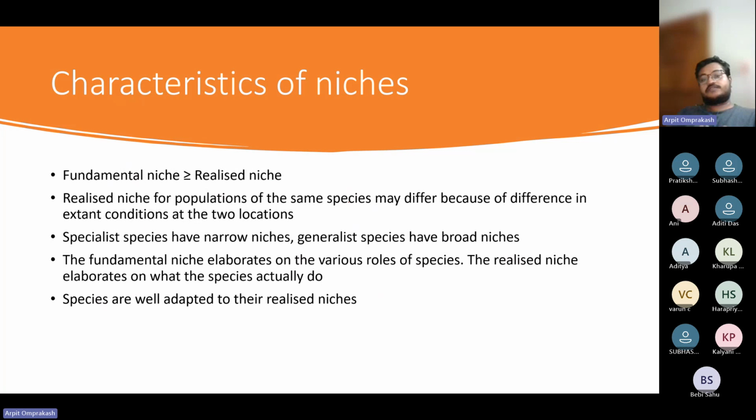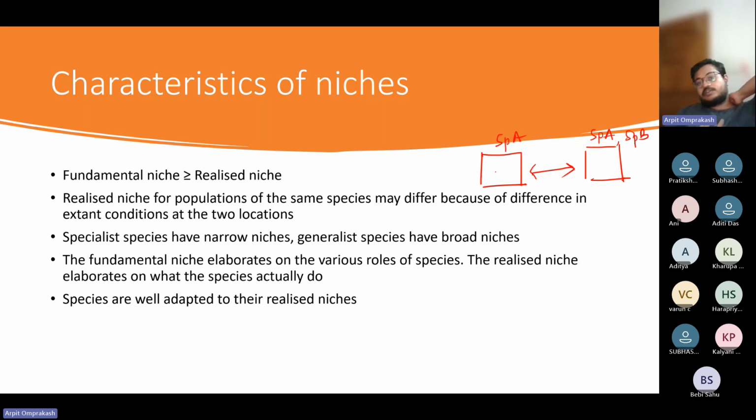Realized niche for populations of the same species may differ because of differences in existing conditions at two locations. So even if we have, let's say, species A here, and in this area, we have species A and species B, we have two populations that are kind of far away.